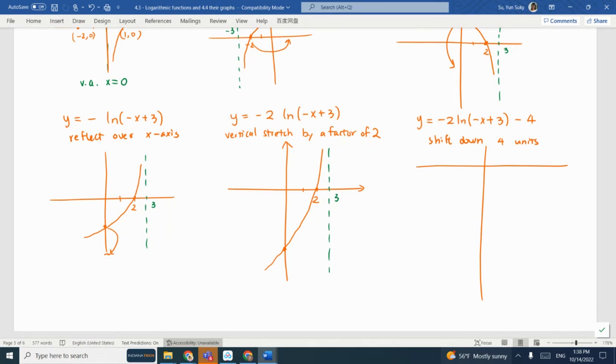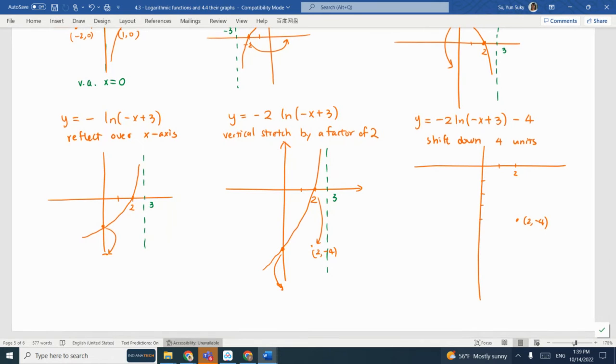This point, we shift down 4 units, is at what? Yeah, this is 2, negative 4. So, 1, 2, 3, 4, negative 4 here. And this point, you roughly shift down 4 units, let's say kind of like here.